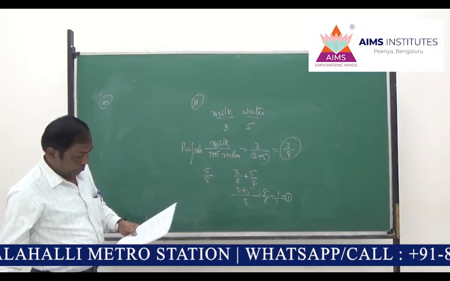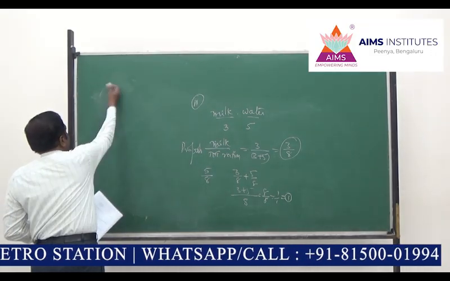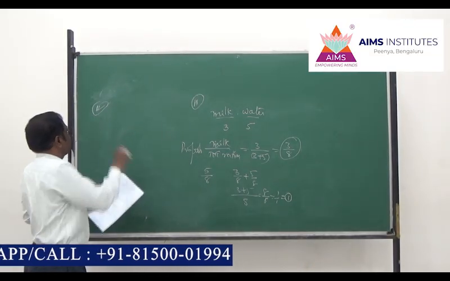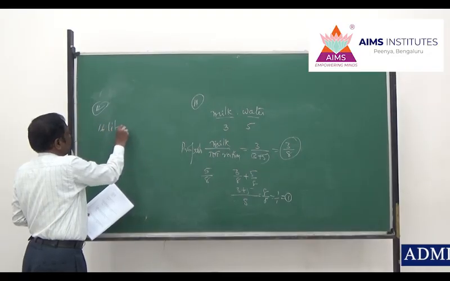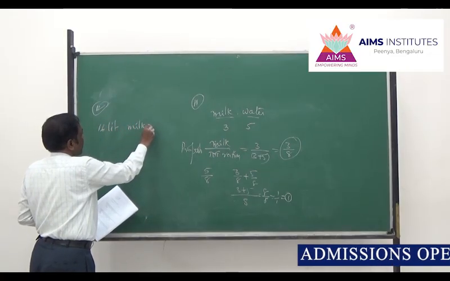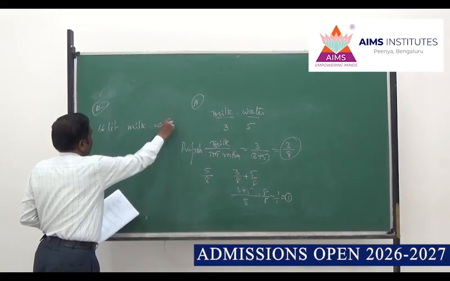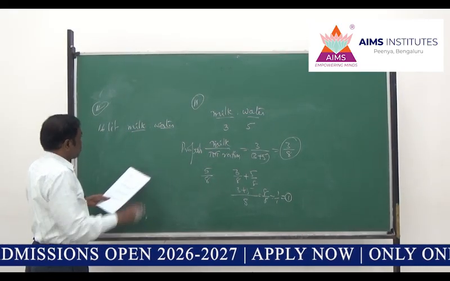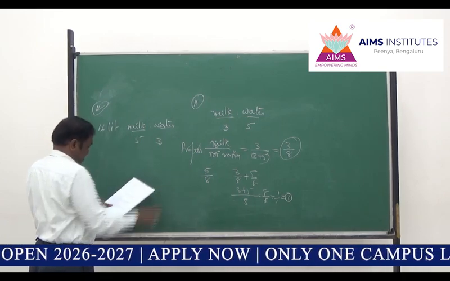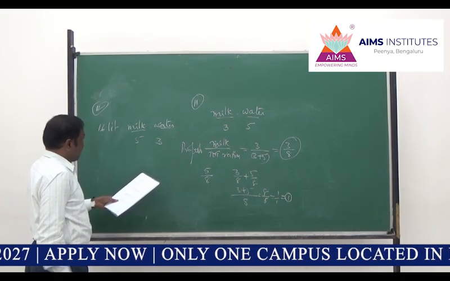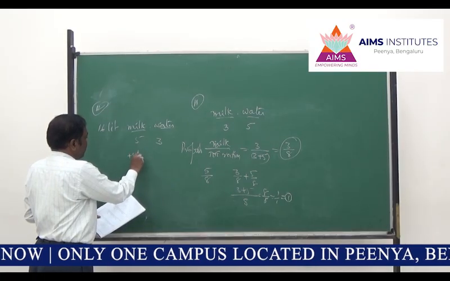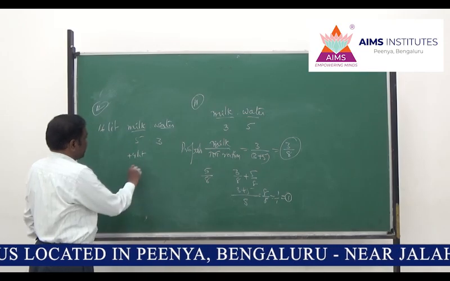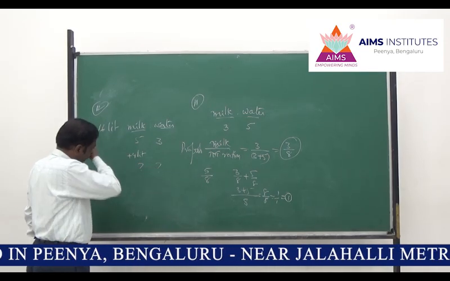Next, 16 liters of mixture contains milk and water in the ratio 5:3. If 4 liters of milk is added, the ratio of milk to water in the mixture is asked.